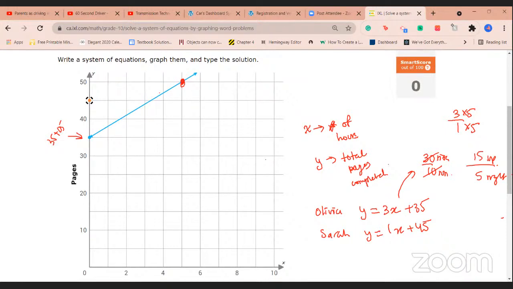Yeah, (0, 45). And how would you do the slope? 1 right, 1 up and 1 down. No, 1 up and 1 right. Okay, good, that's the main idea.